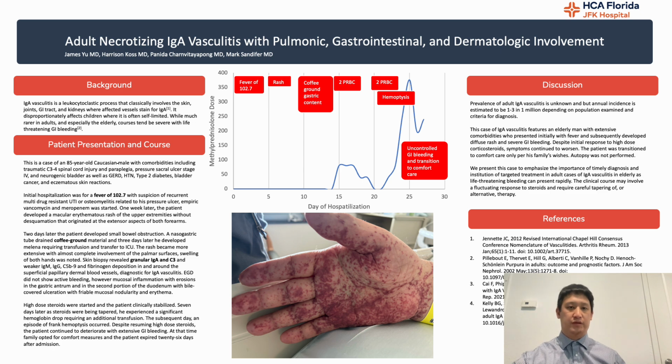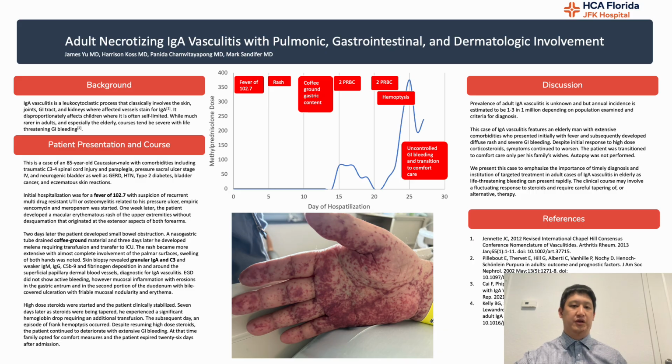However, on the floors, he experienced a significant hemoglobin drop, requiring an additional transfusion, and he also had an episode of hemoptysis. He was transferred back to the ICU for closer monitoring and additional transfusion. High-dose steroids were resumed.